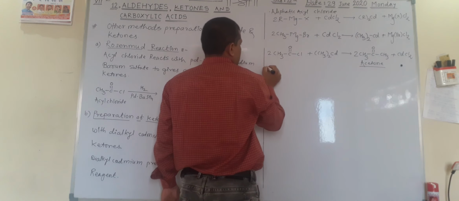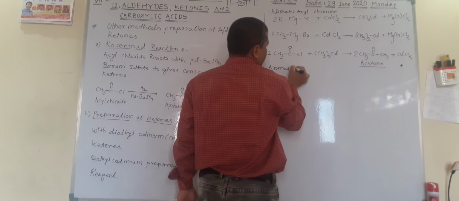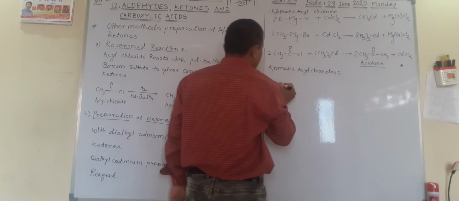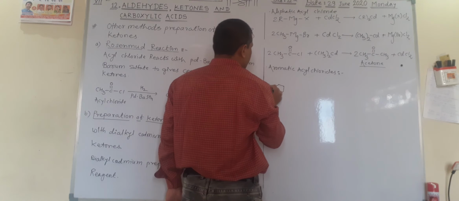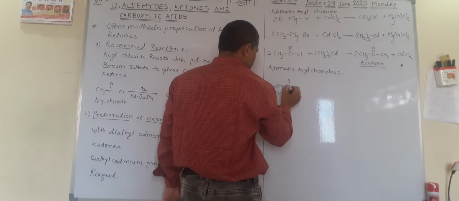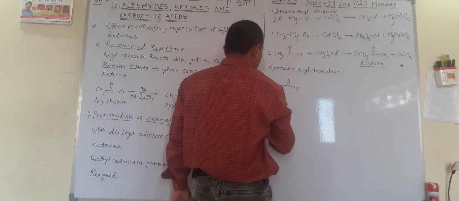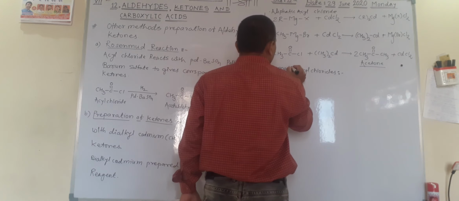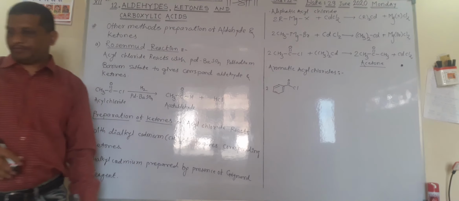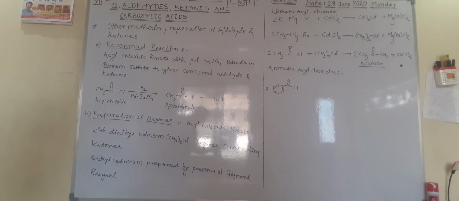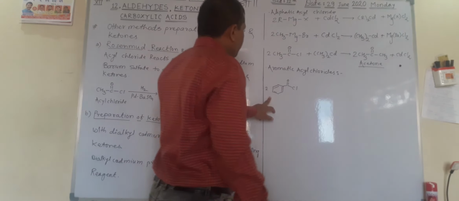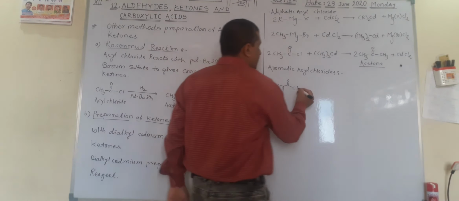Now we see the aromatic acyl chlorides. Here we can give the benzyl chloride, and this benzyl chloride reacts with dimethyl cadmium.